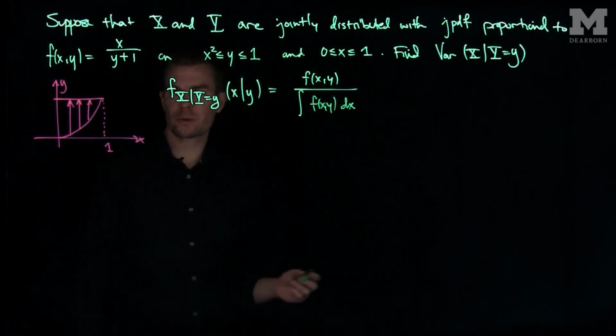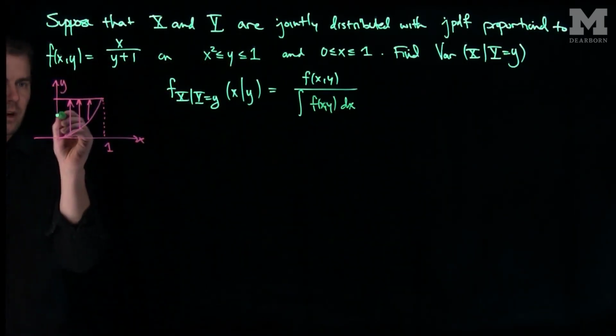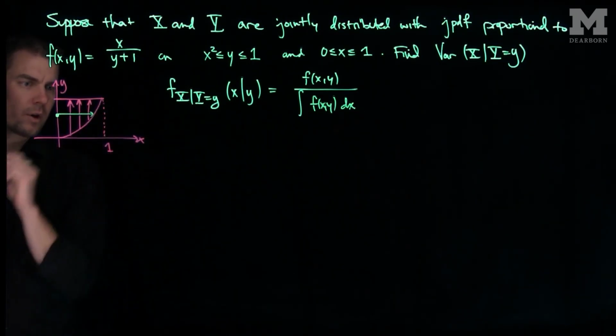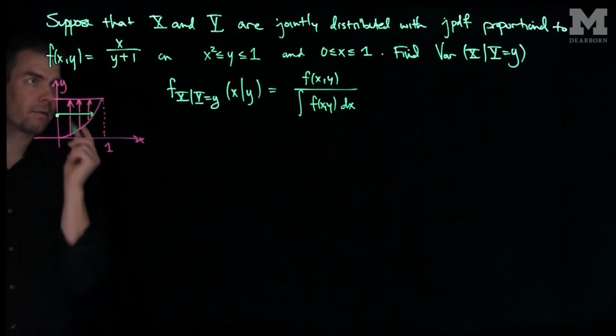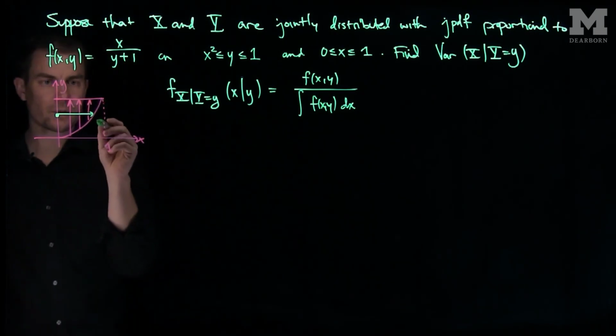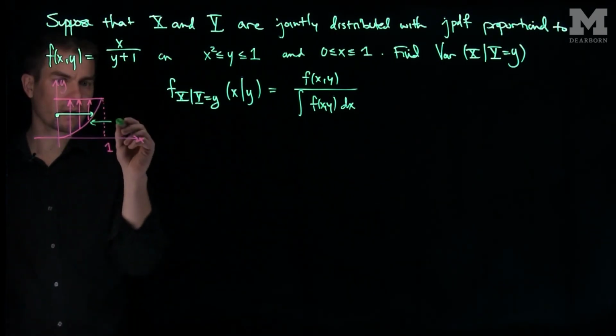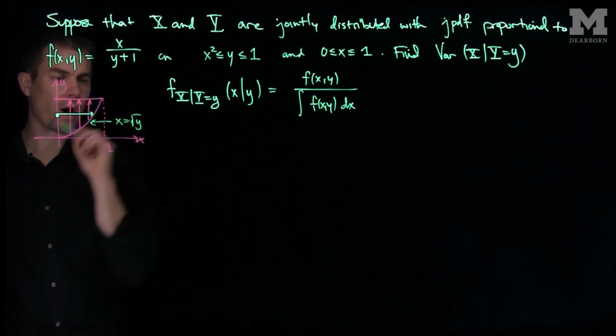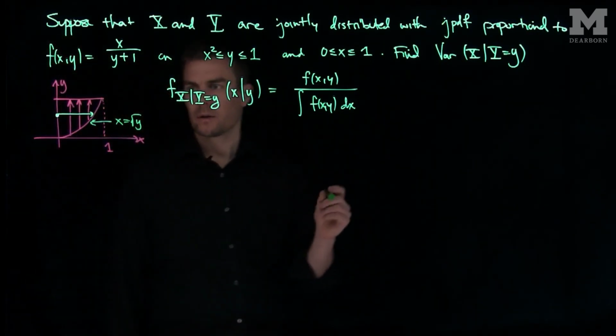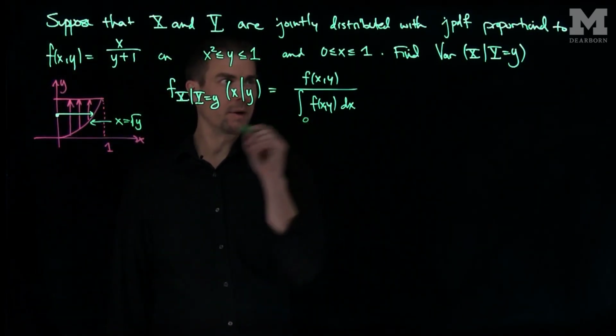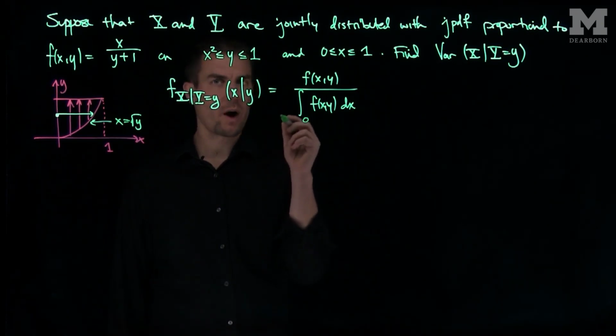Now we need to figure out where x goes from in this region. Well, x goes from 0 all the way up to this curve, y equals x squared. So what is x equal to on that curve? x is equal to the square root of y. So x goes from 0 up to the square root of y.